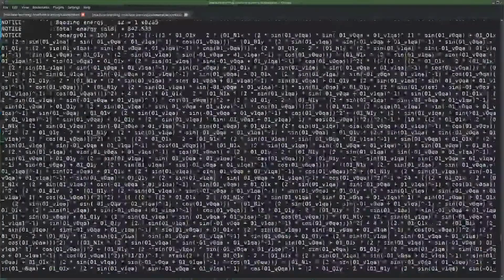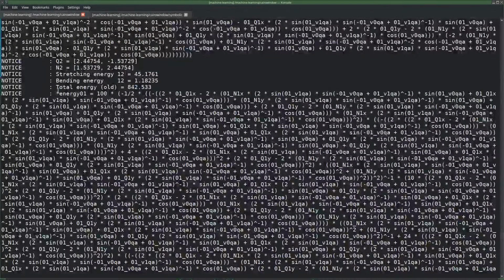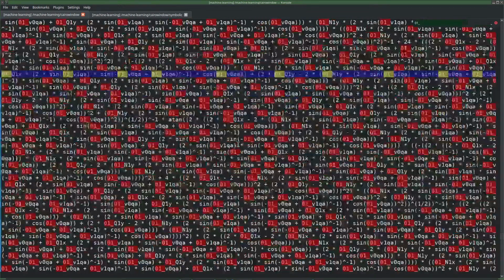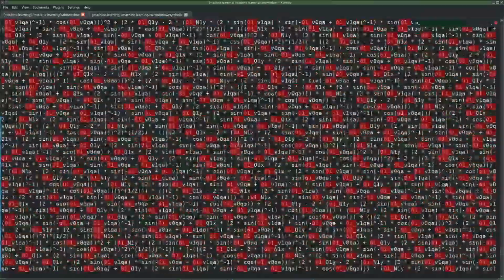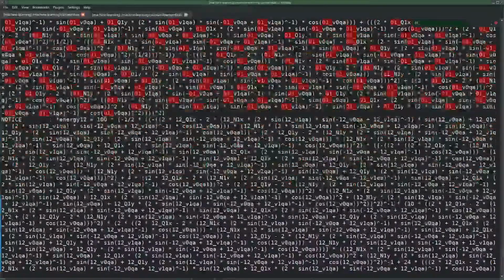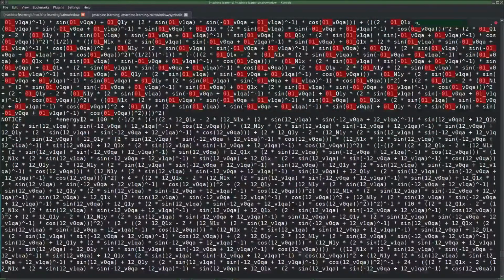Seems to work. So the energy 0, 1 is 100 times something that has a lot of 0, 1 prefixes. And then the energy 1, 0 is the same thing, but with the 1, 2 prefix.